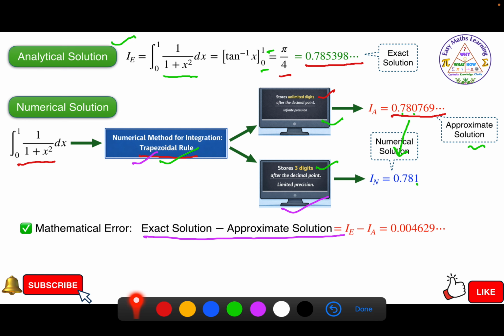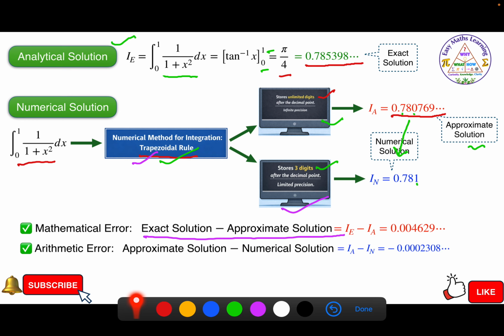Now, second is arithmetic error. Arithmetic error is approximate solution minus numerical solution. Okay, and it will be this value IA minus IN that we are getting here, minus 0.00002308 and so on.